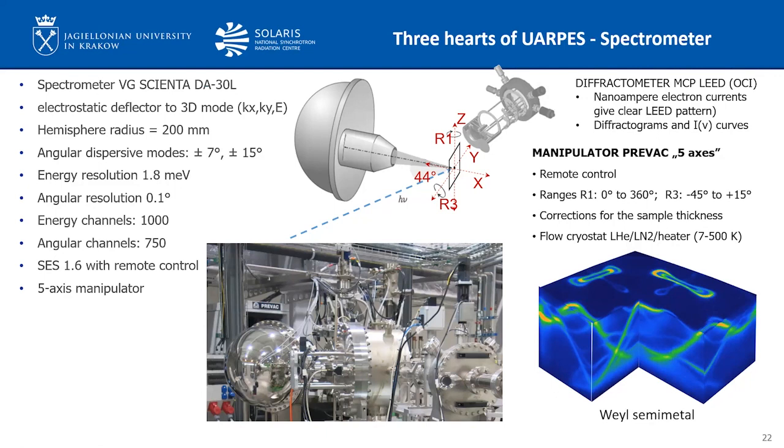The manipulator can be cooled with liquid nitrogen or helium, and the temperature can be stabilized by a heater or by flow of the cryogenic liquid. The temperature range is 70 kelvins to 500 kelvins. Also, in the main chamber a LEED diffractometer is available to identify the surface reconstruction.